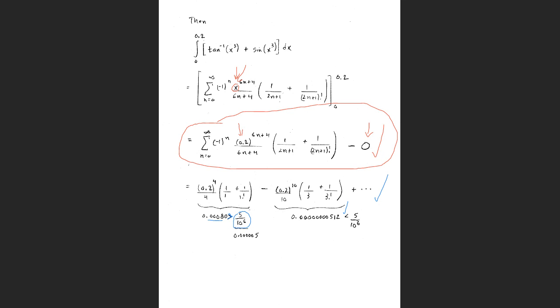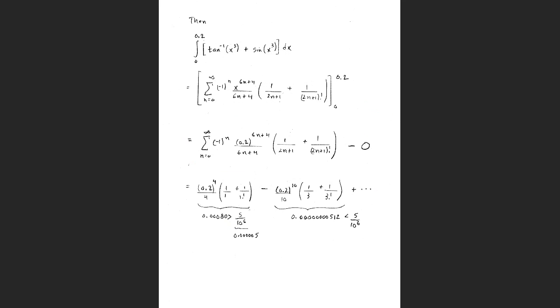All right, I'm going to go to the next page if there are no questions. So it turns out then that because the second term of the series is smaller than 5 over 10 to the 6, then as Maria said, we can approximate this definite integral correct to 5 decimal places with just the first term.